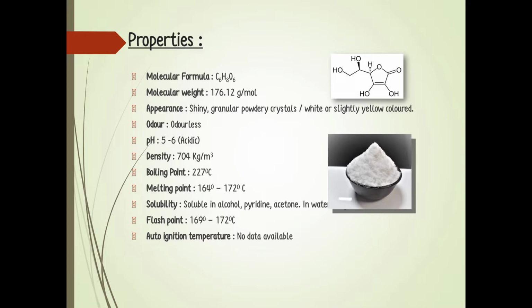So here the boiling point is 227 degrees Celsius, and melting point means the substance in its solid phase, at a certain temperature, changes to a liquid phase. That's what melting point means. And for erythorbic acid, it is 164 to 172 degrees Celsius. And flash point is the lowest temperature at which it gives off some vapors which will ignite in air if an ignition source is present.